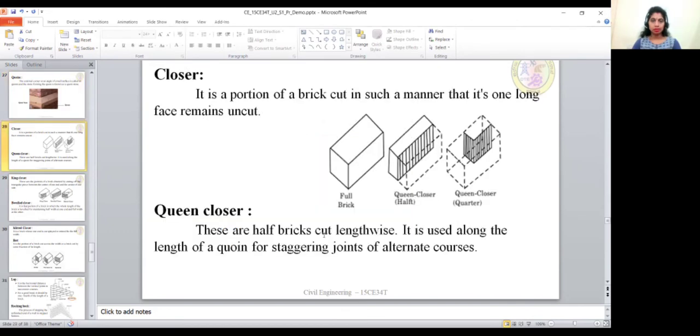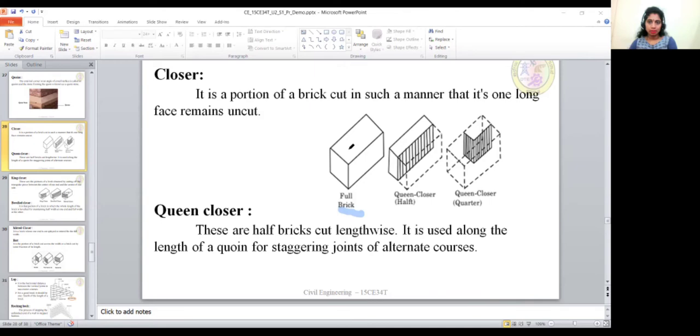Next, closure. See, this closure comes under terms of brick masonry. From here, we will see the terms of brick masonry in detail. See, if you take a brick, in this picture you are observing, the first picture shows a full brick, normal brick.